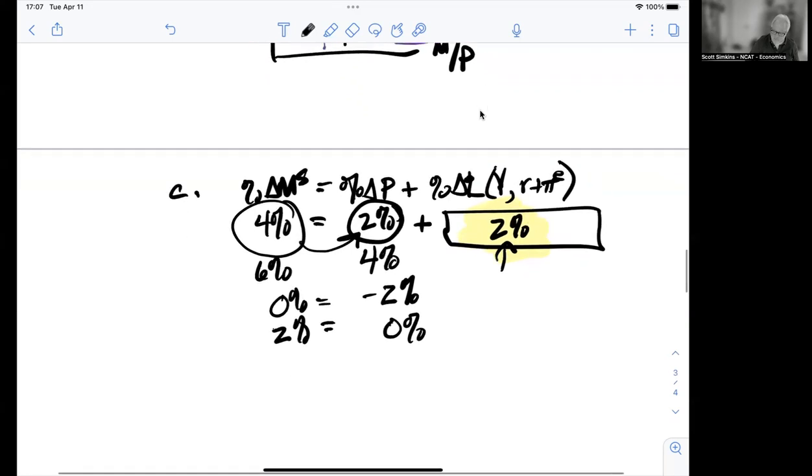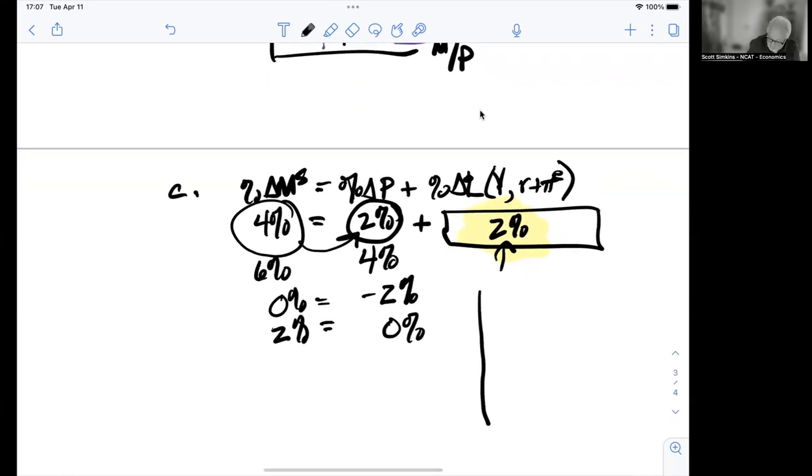So if we graph those numbers, this is the percent change in P on the vertical axis, and the percent change in the money supply on the horizontal axis.